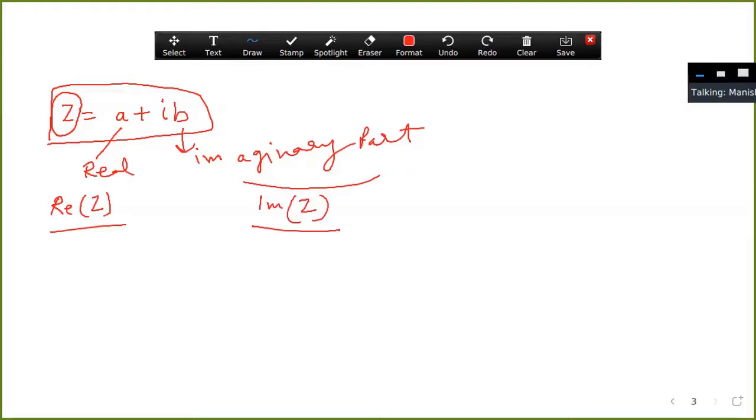You can add, subtract, and multiply complex numbers.